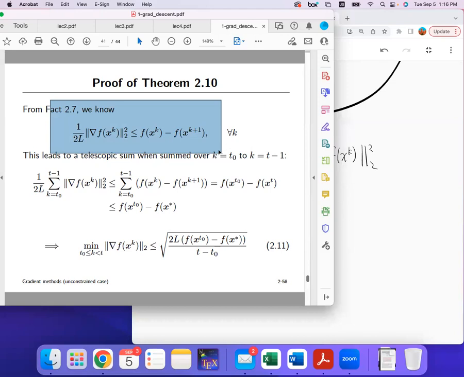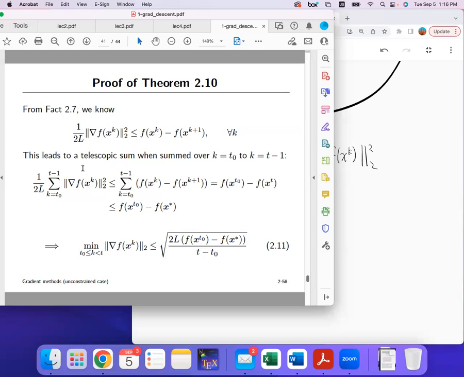So once you reach a local minimum or a global minimum, your gradient will be very close to 0. So there must be some upper bound that you can control over the gradient. And here we just need to sum them up and consider the big picture.